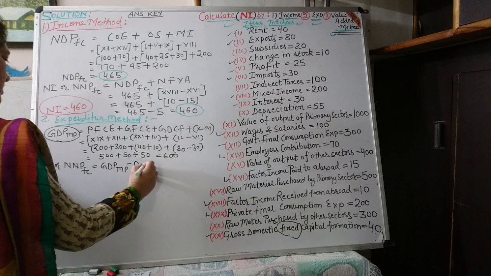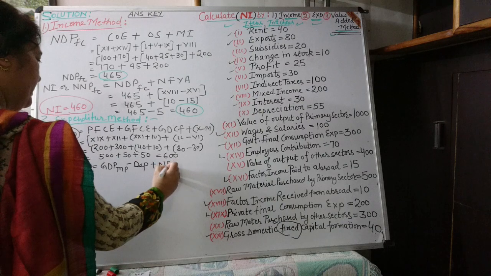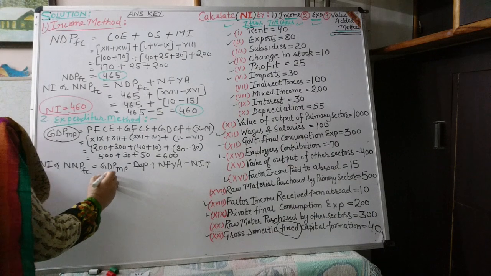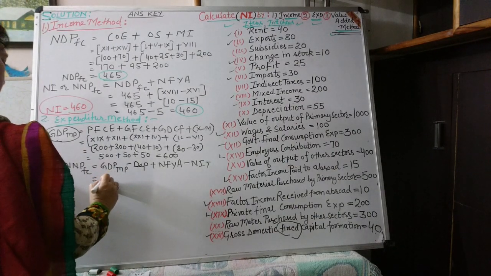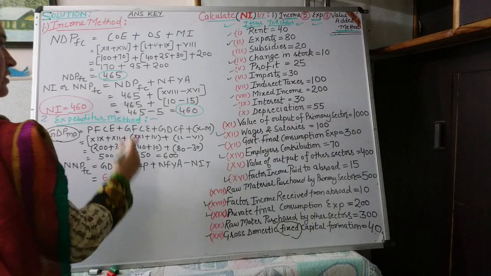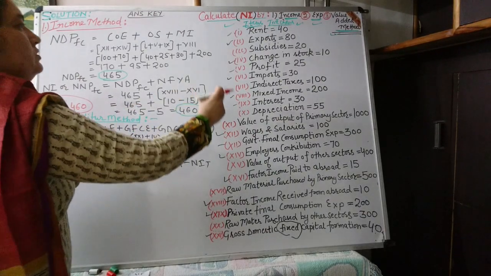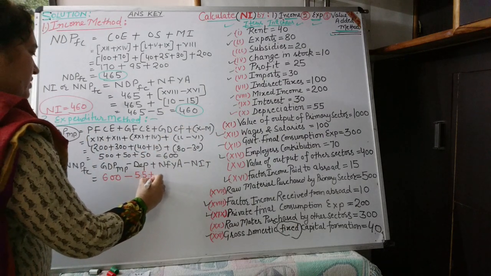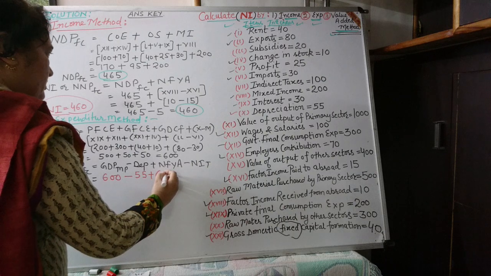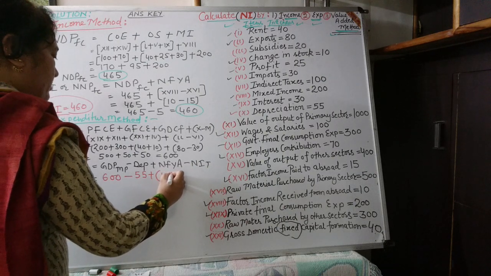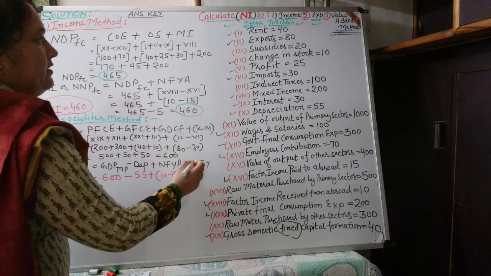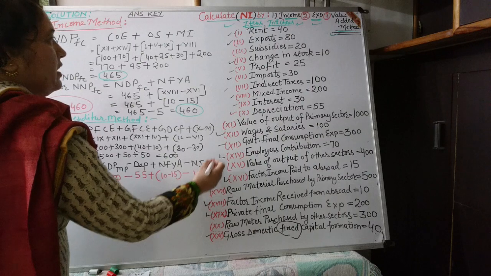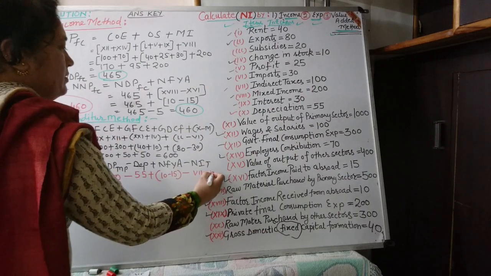GDP at MP minus depreciation plus net factor income from abroad minus net indirect taxes is equal to 600 minus the value of depreciation, which is 55, plus factor income from abroad minus factor income to abroad, minus net indirect taxes. Indirect taxes minus subsidies, item number 3.